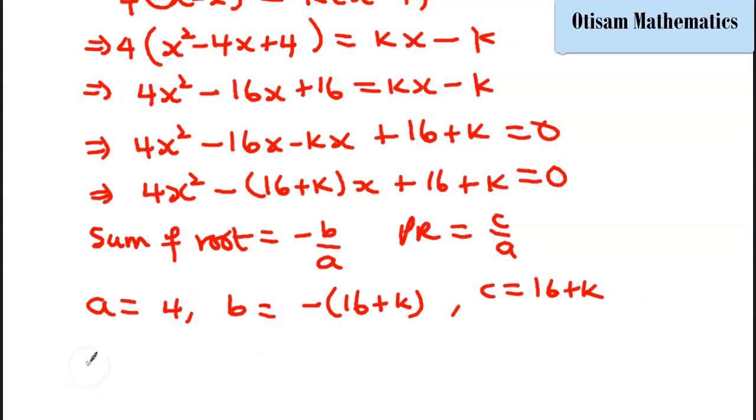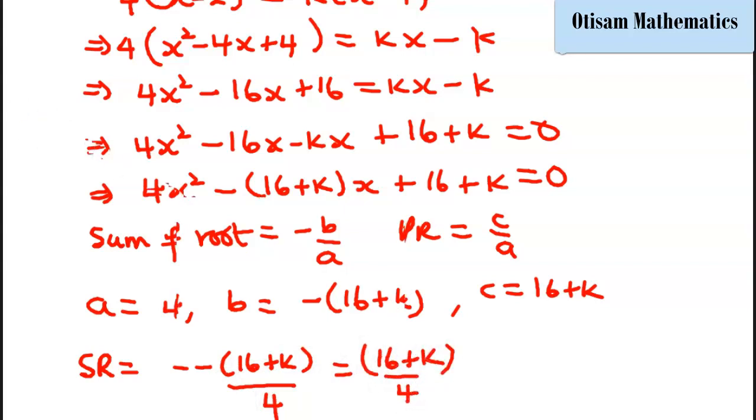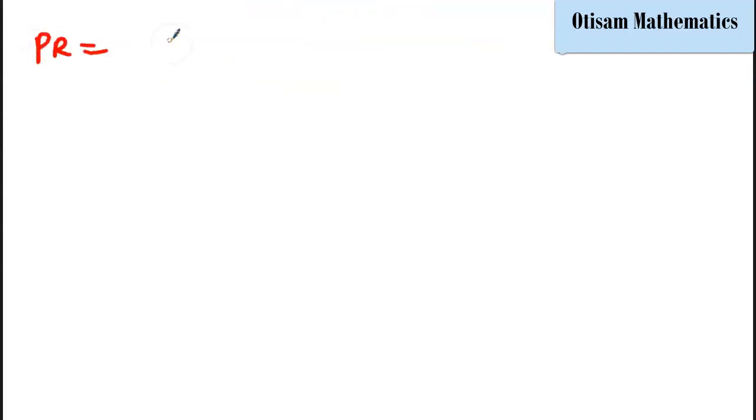So the sum of roots becomes minus of minus (16 plus k) on 4, which is equal to (16 plus k) over 4. Then the product of roots is c on a, (16 plus k) also on 4.